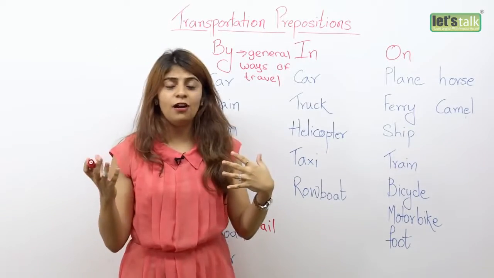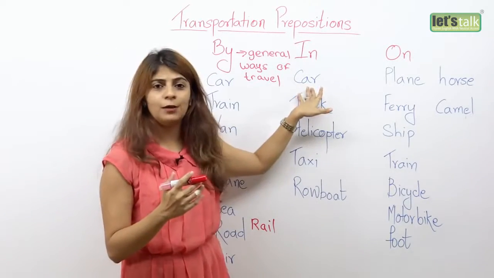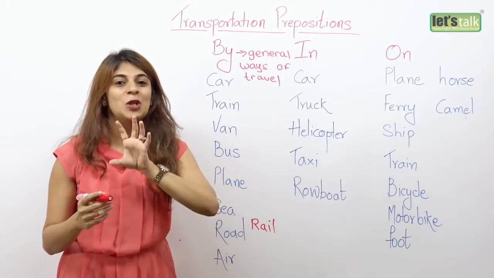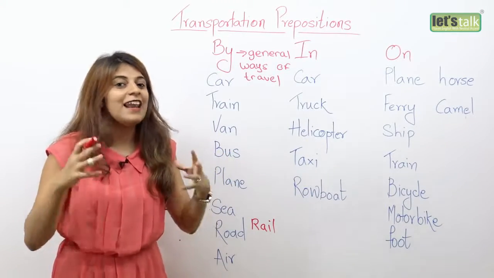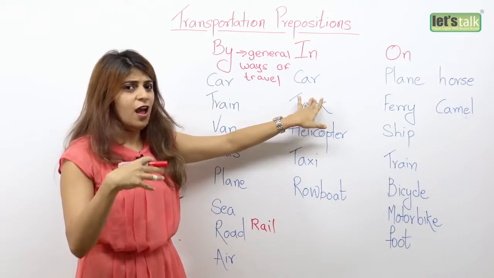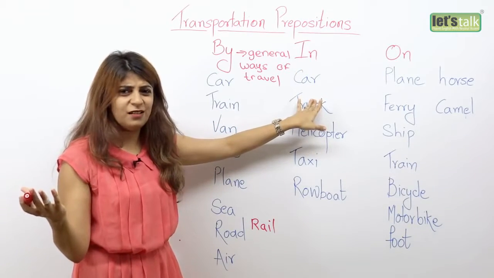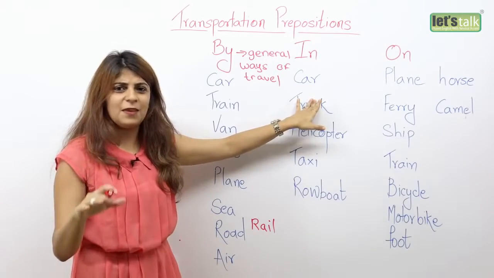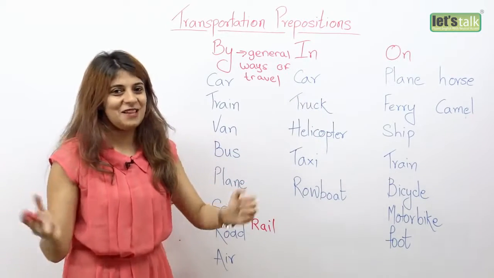So, hey Niharika, where are you? Well, I'm in the car, right? So, I am talking about being in a car and I am using the preposition in because I am sitting in the car. I can't stand in a car. Yeah, well, probably a kid can stand, but that doesn't make sense.